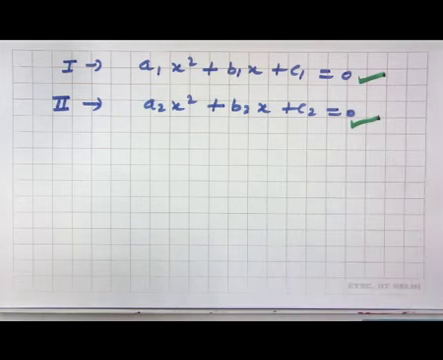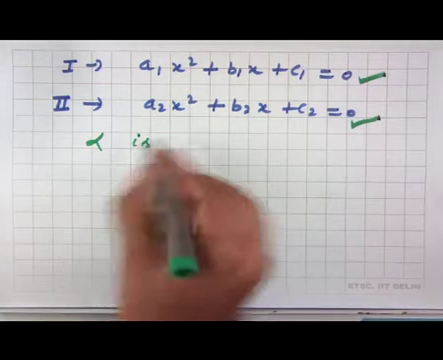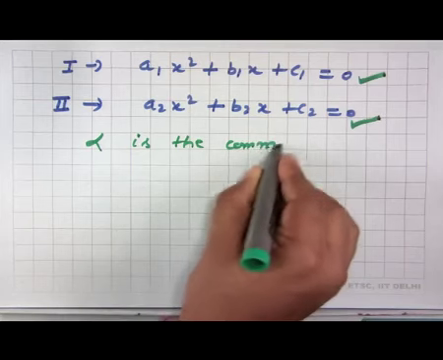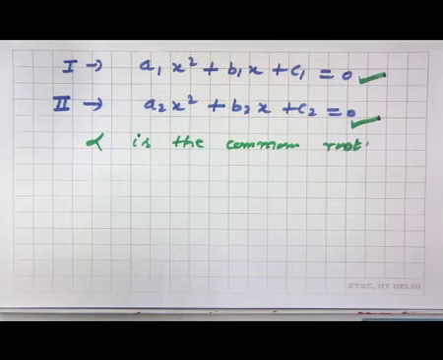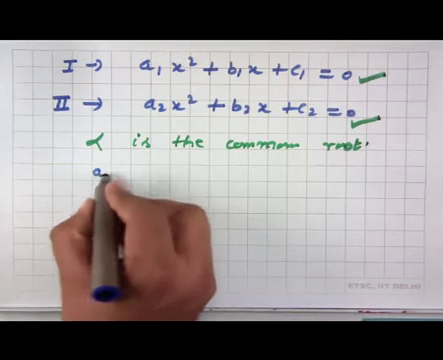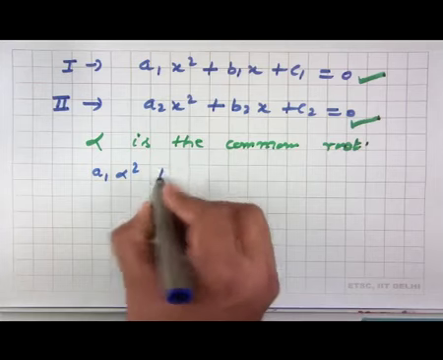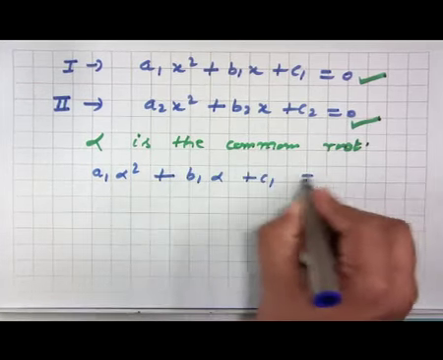Now, let us take alpha as the common root. Alpha is the common root, so it will satisfy both the equations. Now, both the equations will be a1 alpha square plus b1 alpha plus c1 equals 0.